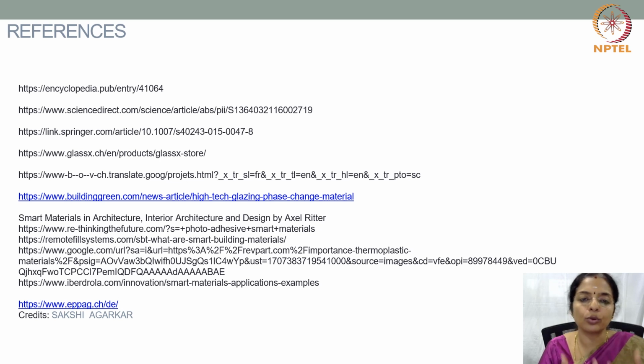You can use it as glazing, you can use it in blocks, you can use it as part of the roofing material, flooring material, along with plaster for a lightweight wall. So today we saw phase change materials integrated in windows and a little on how it can be integrated in the other building components also.